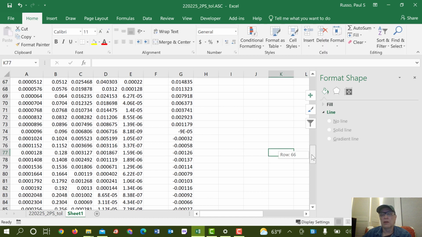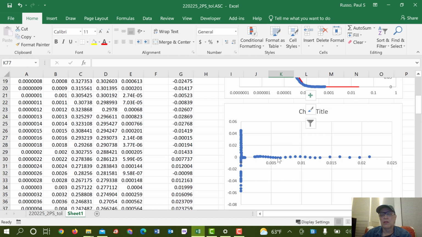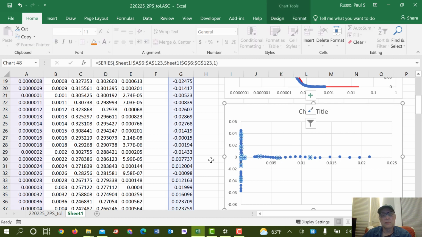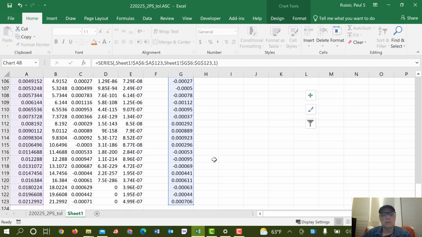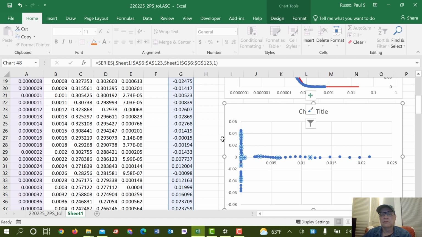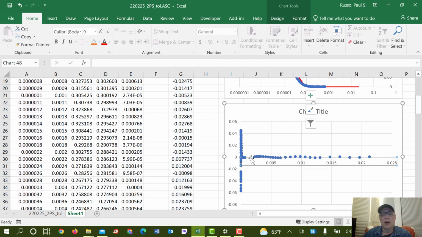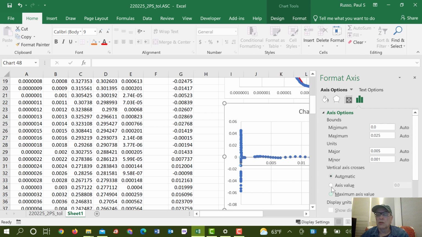Oh, come on. I don't know why there's this gap there. I don't know why there's a gap here. This should be on log scale though, to match the other one.